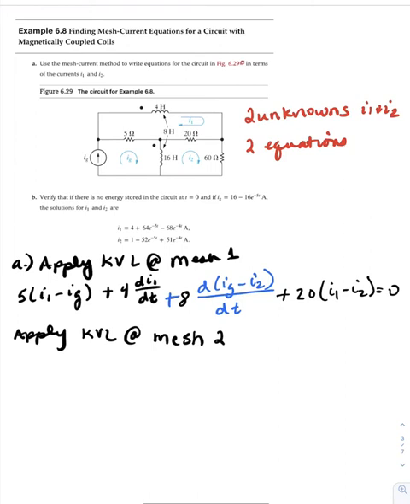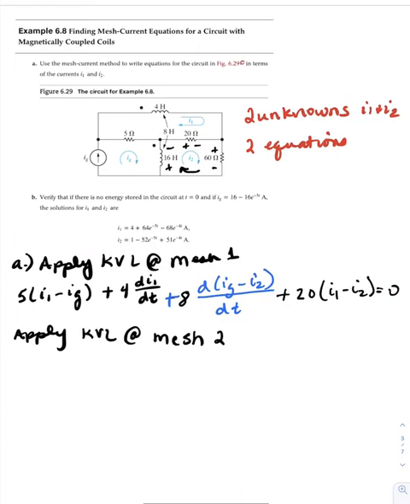Okay, let's set up our polarities here. All right, and let's start with I sub 2 entering the 16 Henry inductor.